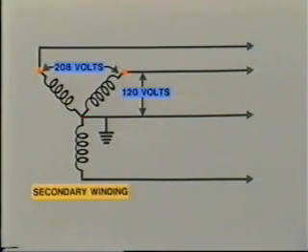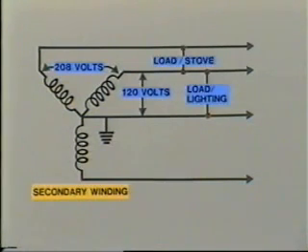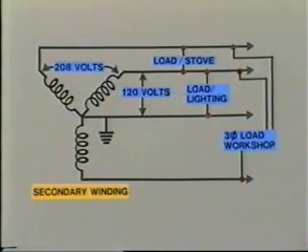Between line to line, 208 volts is available, single phase or three phase. The customer can use 120 volt for, say, lighting, 208 volt single phase for the stove, and 208 volt three phase for his workshop. As a matter of interest, in North America, stoves may be fitted with standard heating elements of either 208 volts or 240 volts.